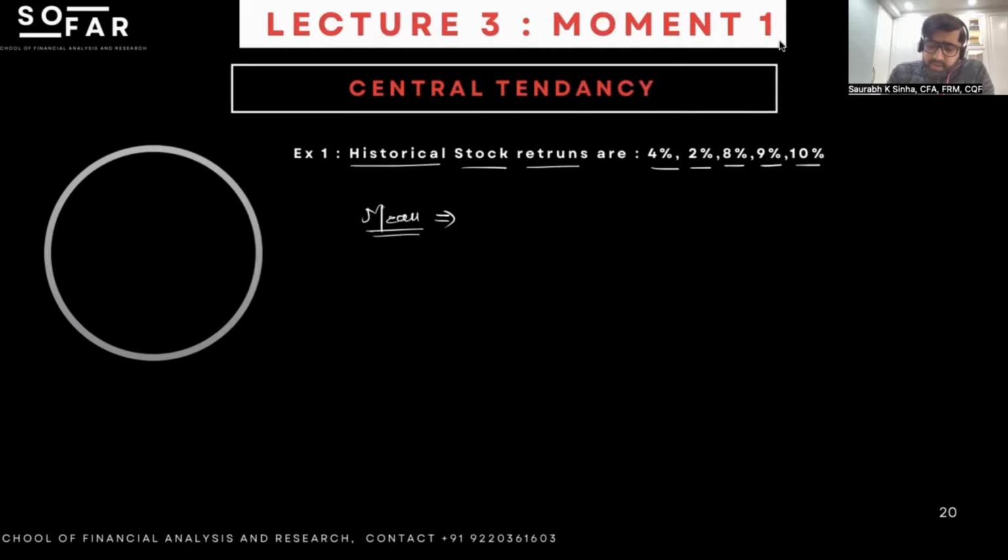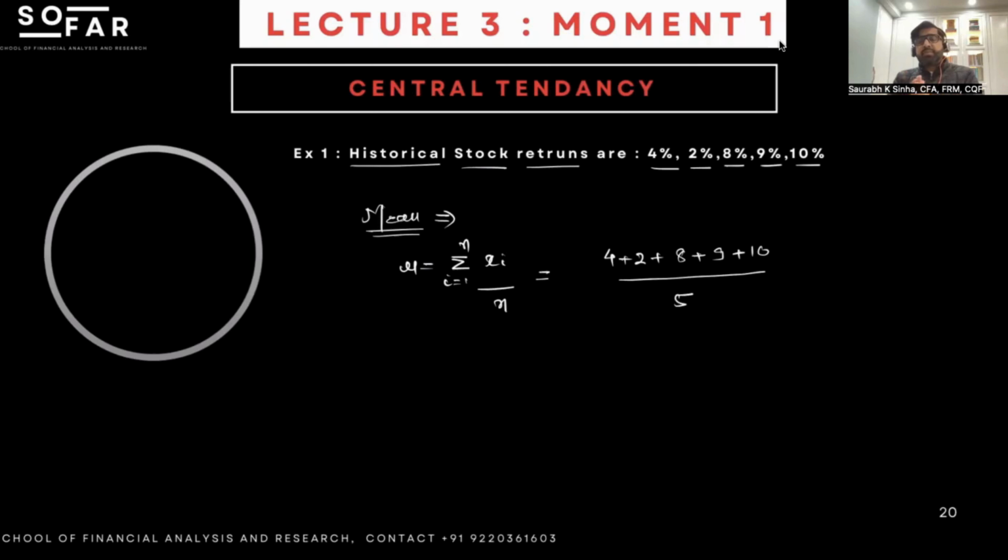The formula for mean is the summation of xi, where i varies from 1 to n, divided by n. So you will take the summation of 4, 2, 8, 9, 10, and divide by 5, and then you will get the mean, right?